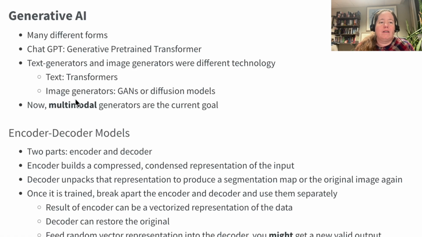And usually with image generation, you'd see something like the GANs, the generative adversarial networks, or the diffusion models. The diffusion models are much more common, but you do occasionally run across GANs, and you find data sets of GAN-generated images as well. We're going to take a little side trip to talk about encoder-decoder models as a pattern because they are important in many places in machine learning.